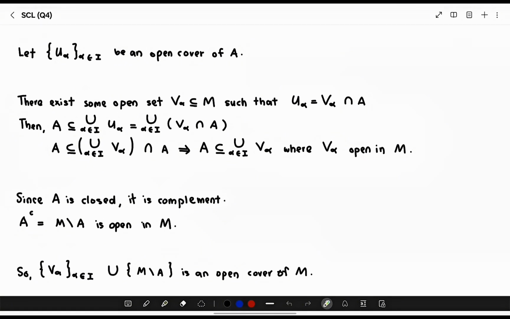Since A is a subset of M, there exists some open set in M such that each open set in the cover of A can be rewritten as the intersection between an open set in M and the set A. Then we have this.